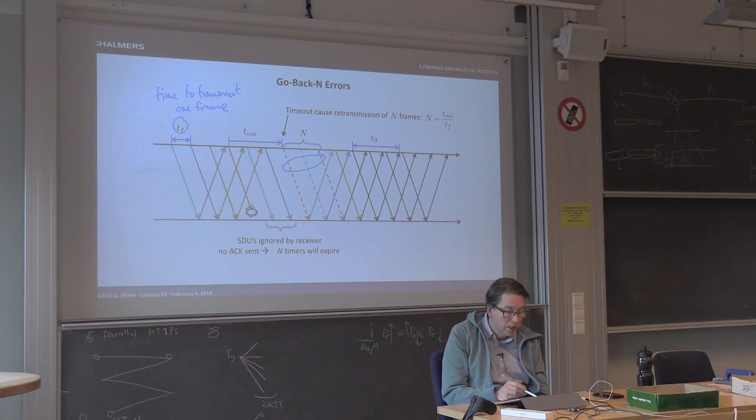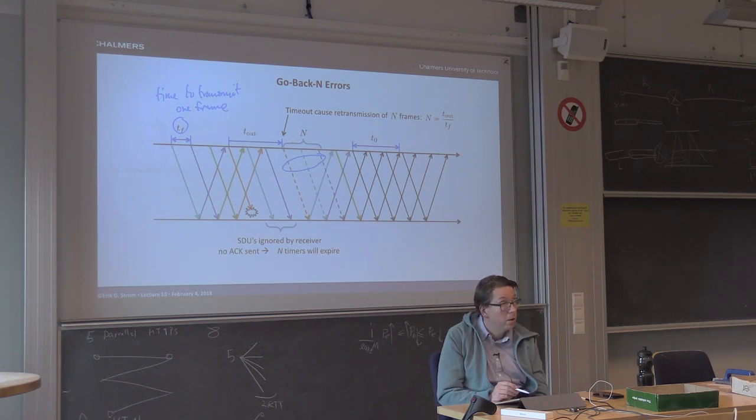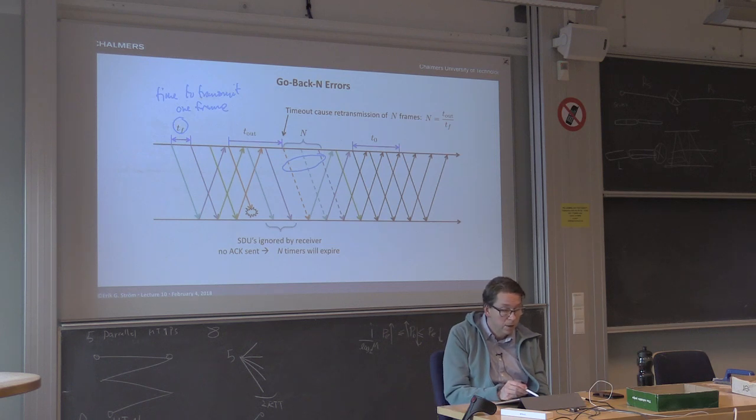So that's why they are retransmitted. We see also that a single lost frame triggers not only the retransmission of the frame that got lost, but also its neighbors. As a matter of fact, capital N of those will be retransmitted. That's a consequence of this protocol, and this is why it's called Go Back N. And what is N here?